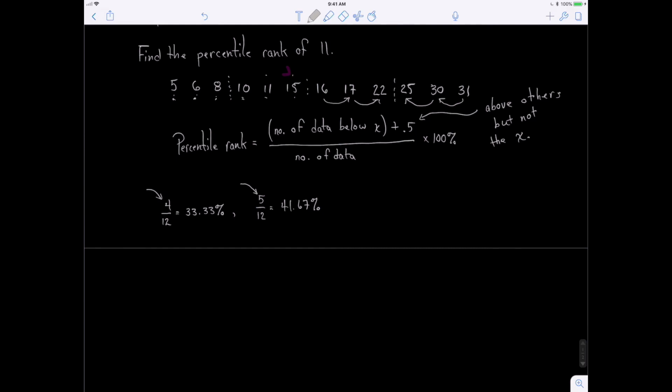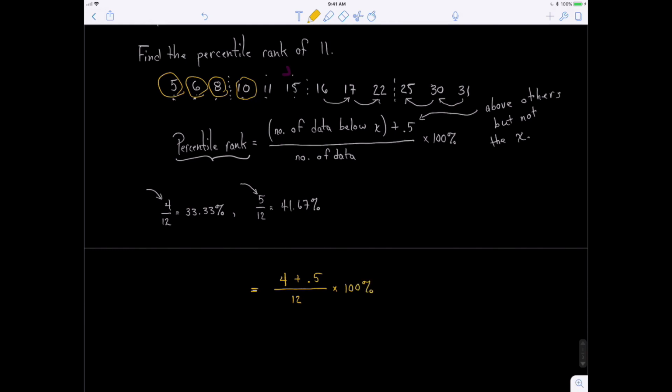And so here we go. If we use our formula, our percentile rank equals, if I look at 11, now here's the thing to notice. I have 1, 2, 3, 4 values before the 11. So the number of data below the 11 is 4. I would add to that 0.5. We'll put a line under it, and notice I have 12 values total. And we'll multiply that by 100%.